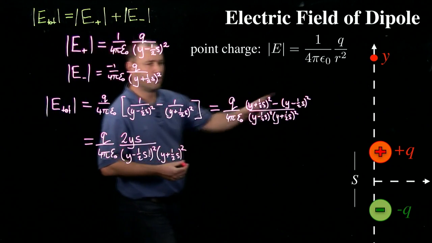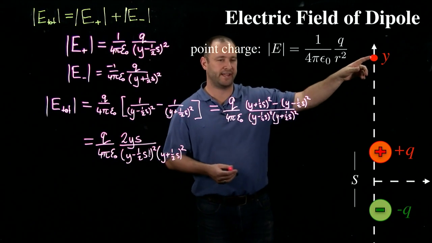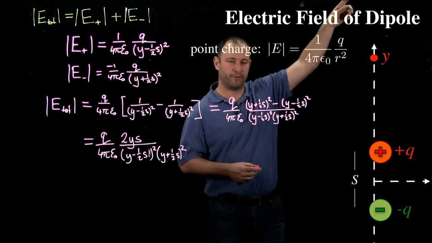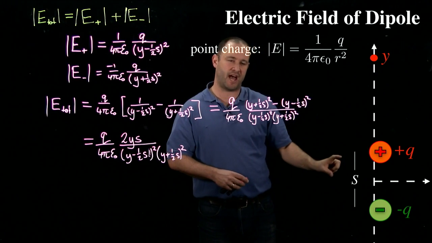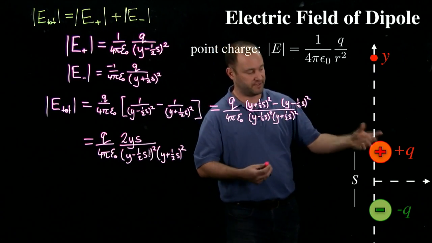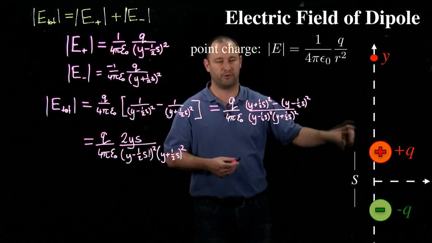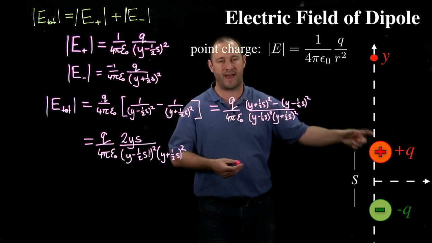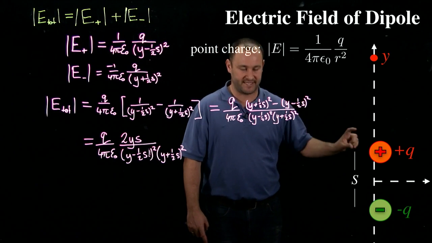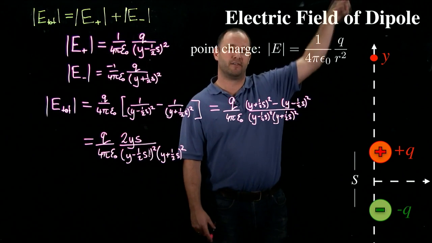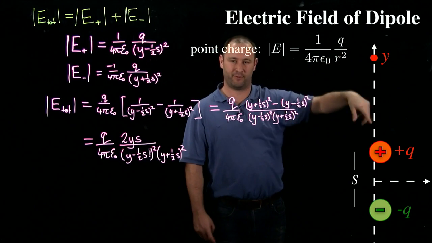I want to say, what happens if I'm not at y here, but I'm actually way further up? So in other words, I want to say the distance between my two charges, for example if this is two molecules or two atoms, a positive charge and a negative charge, that distance is going to be a lot smaller than my distance away from the charge.